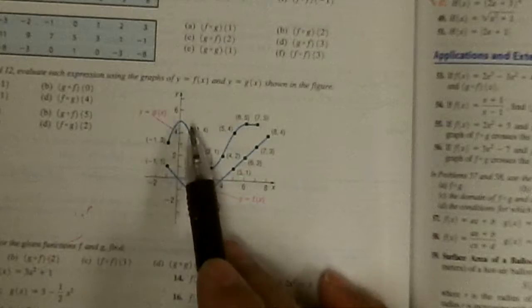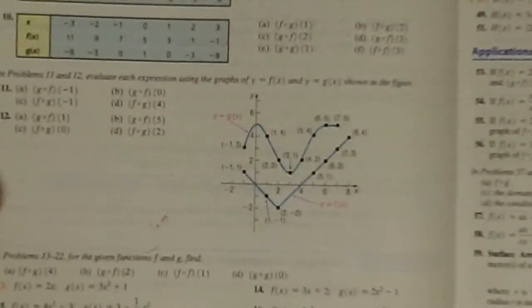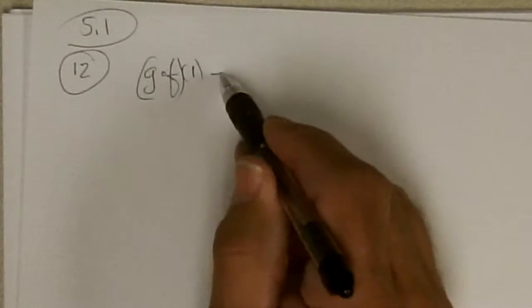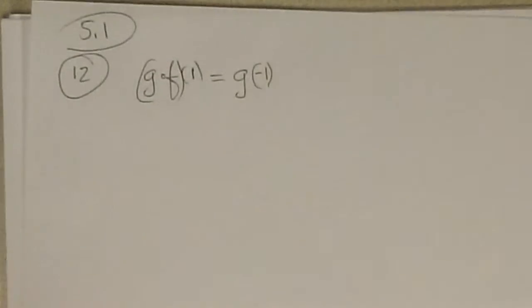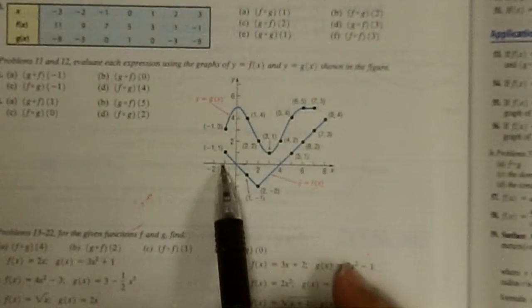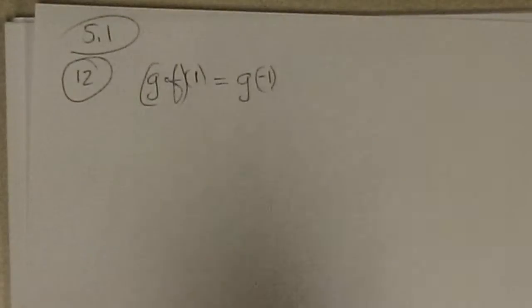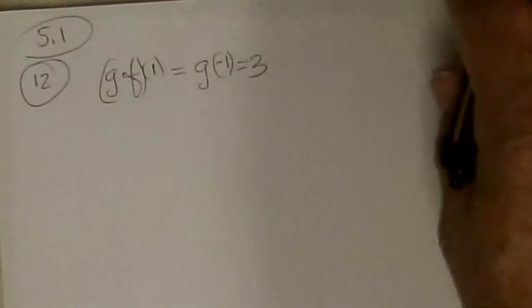Over here it says if I put 1 into f, I get out negative 1. So f of 1 is negative 1. So now I have to do g of negative 1. If I put this back over here, negative 1 into g gives me 3. So that's 12A.